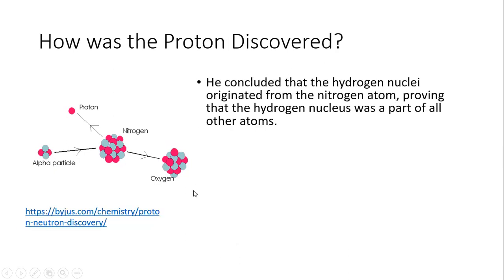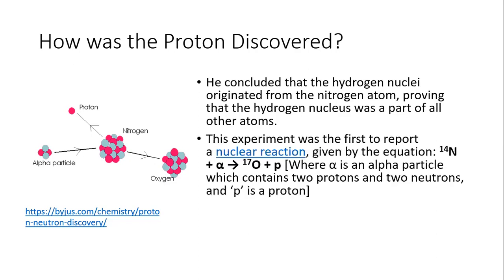We conclude that the hydrogen nuclei originate from the nitrogen atom, so the hydrogen nucleus was part of other atoms. So you come to the conclusion that, right, since hydrogen is produced from nitrogen, then we can find that the nucleus of all the atoms will contain hydrogen or proton.